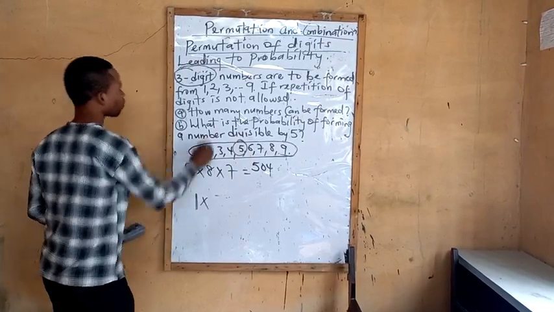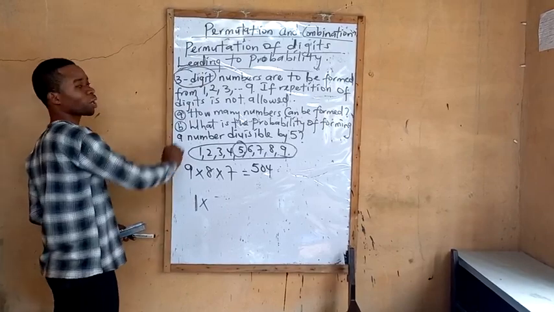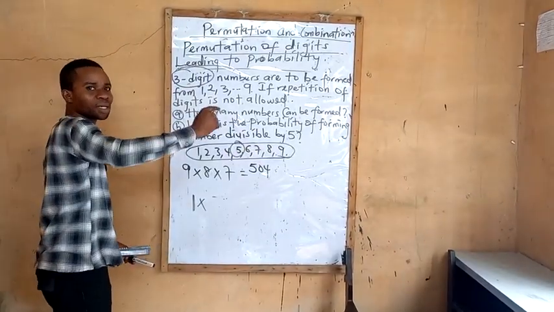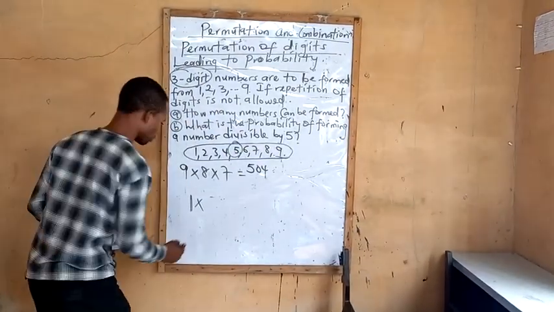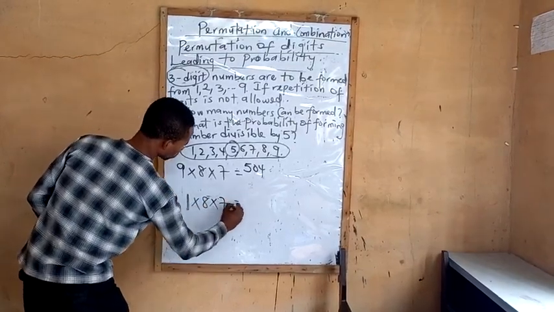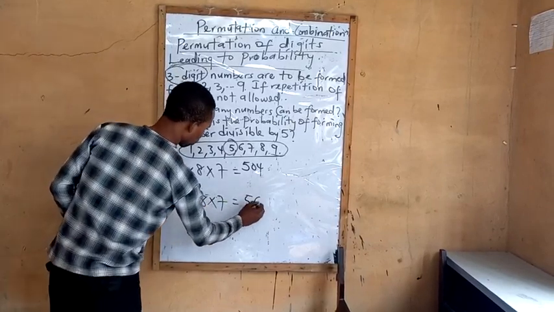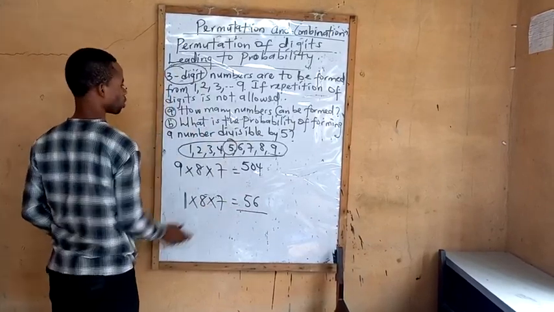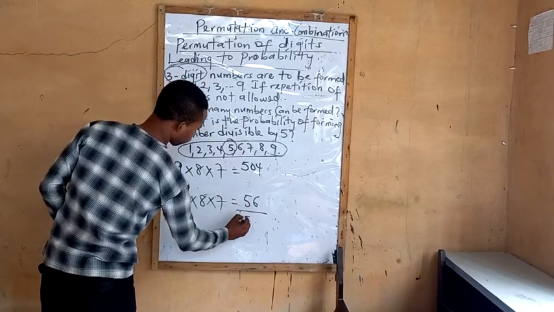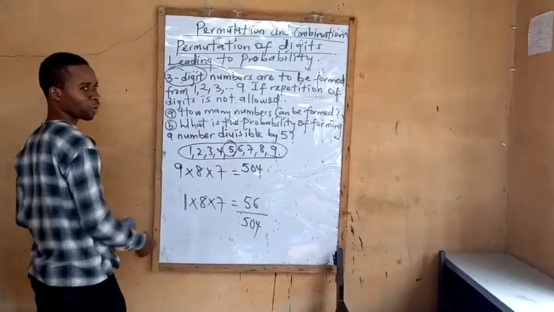Don't forget that we are forming 3 digits, so the first takes the place of 9, the second takes 8 and the third takes 7. 1 times 8 times 7 is 56. All over the total, because it's probability. The total is 9 permutation 3, which is also 504.